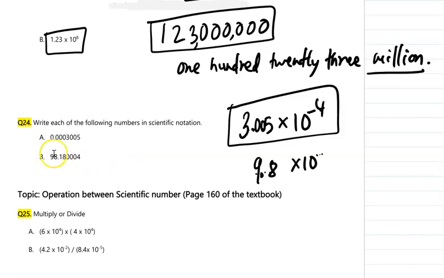But you move the decimal just 1 unit to the left, so you put 10 to the power 1, and it has to be positive because this number is bigger than 1. The exponent must be positive. That's the answer for part B. This is the A, this is the B.